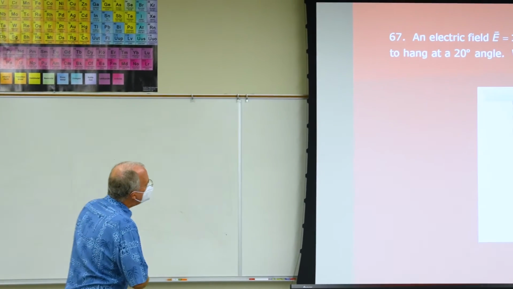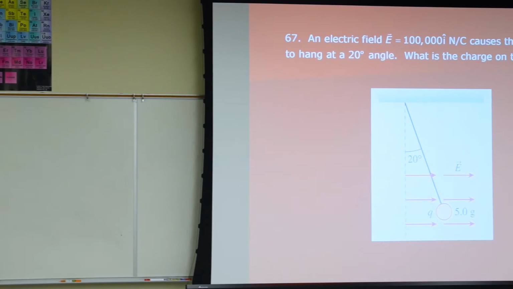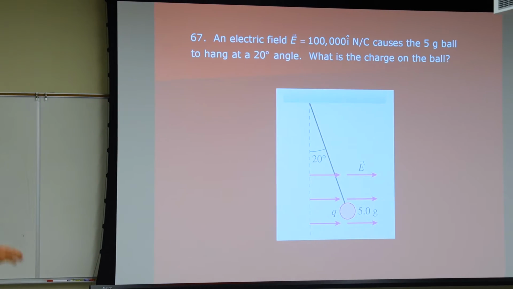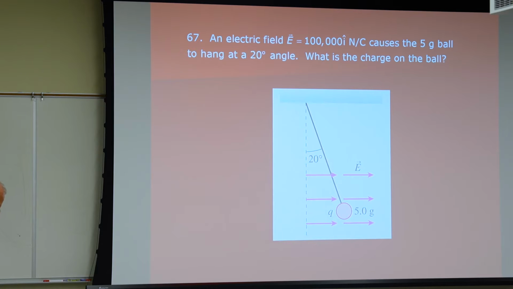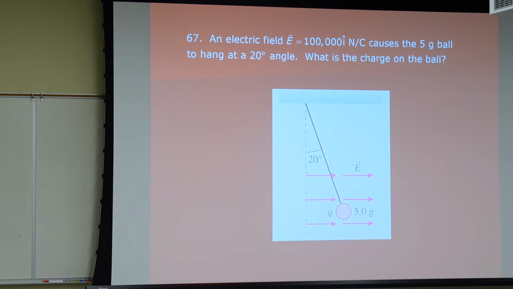Okay. So the E field causes the 5-gram ball to hang at some angle. What's the charge on the ball? Okay, first of all, is this equilibrium or non-equilibrium? Equilibrium. Why? Well, okay, that's true, but say it a little bit differently.